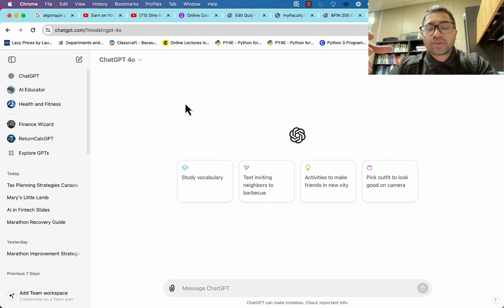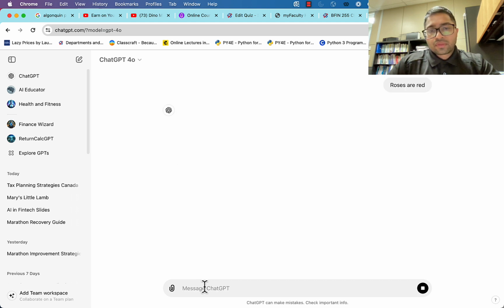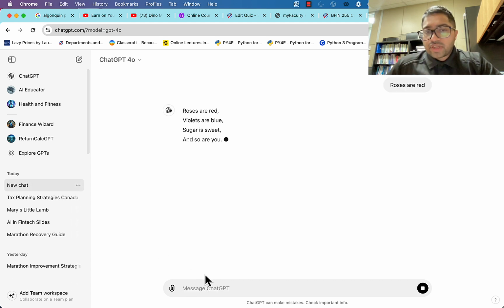Whatever prompt you give them, they predict the next word. For example, if you type in "roses are red", this is inputting. You type in whatever information you have and you input that information into the model. You said roses are red, and it tried to predict the next words: violets are blue, sugar is sweet, and so are you.